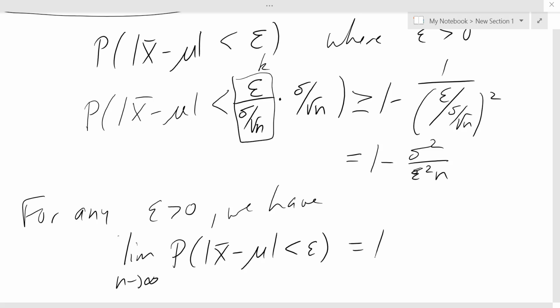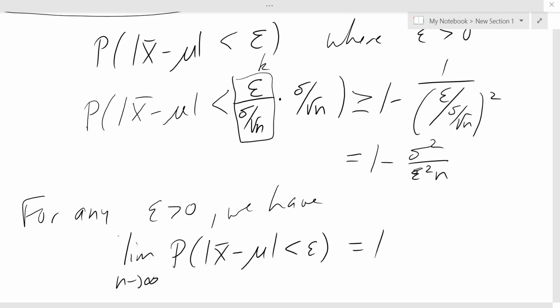So again, just thinking about it from the central limit theorem, law of large numbers perspective, all this says is that if n is big enough, your sample mean should be very, very close to the population mean. That's all it says.